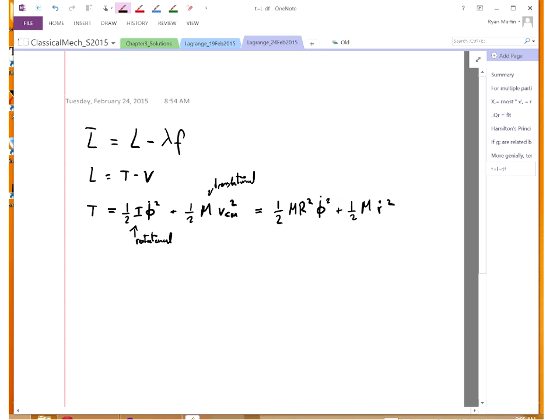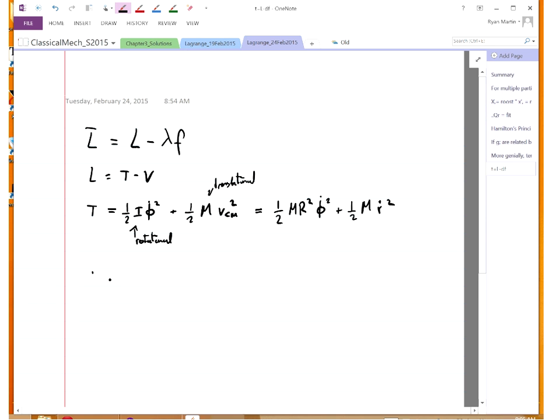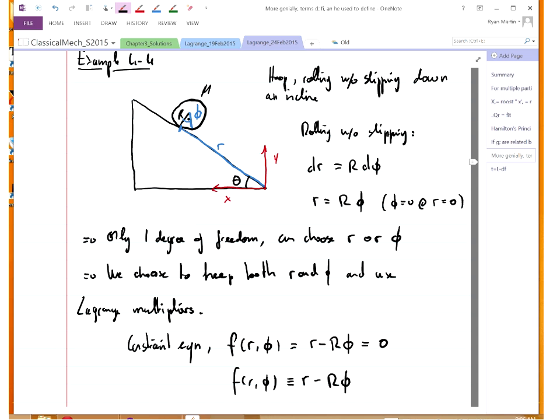Okay. Now, kinetic energy, potential energy V. For the hoop, the potential energy is going to be mg times the y position of the center of mass. So that's going to be mg r sine theta, right?